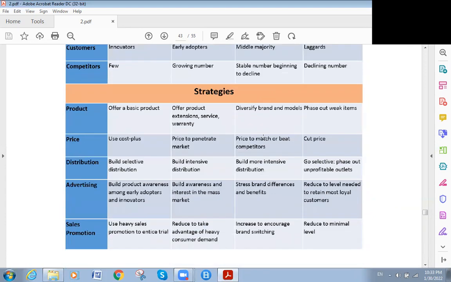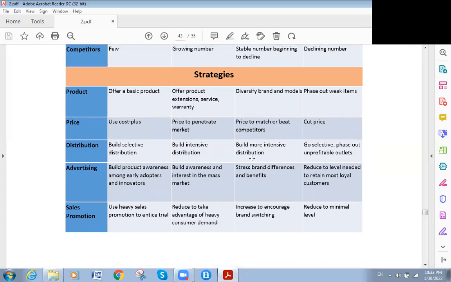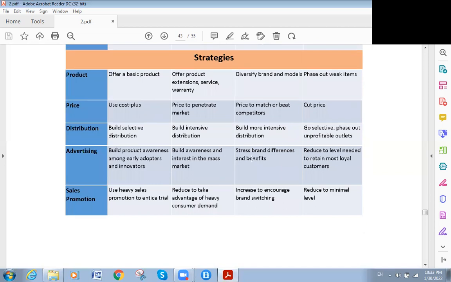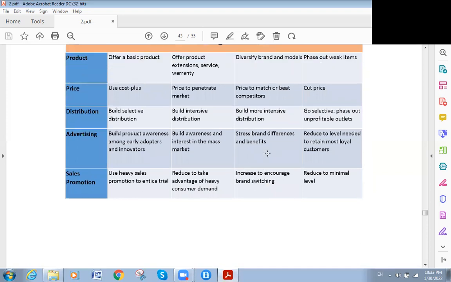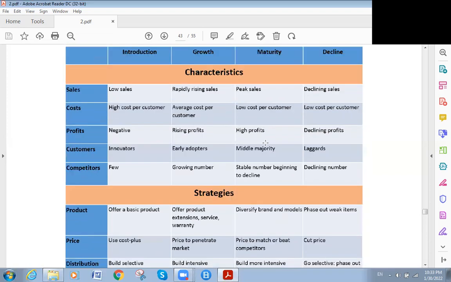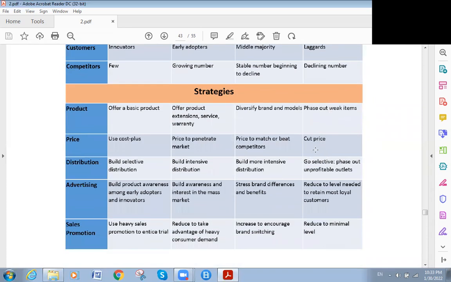In the maturity, the price is set to beat the competitors, and you build more intensive distribution, stress brand differences and benefits, and increase promotion to encourage brand switching. How about the declining strategy? What will you do in the declining? You will use the cut price. Your sales are going down, so you have to cut the price so that you can survive.